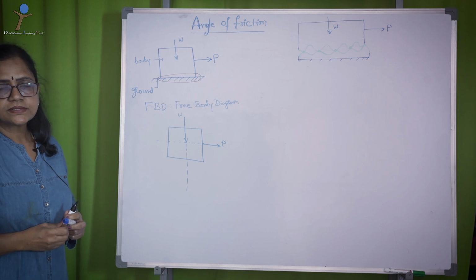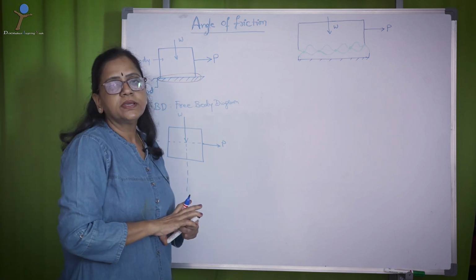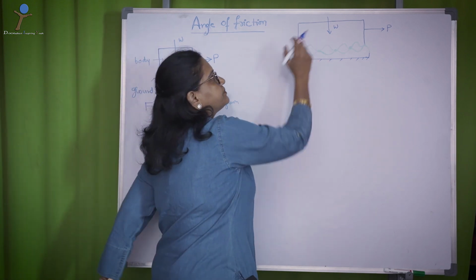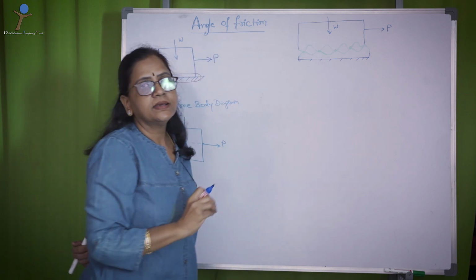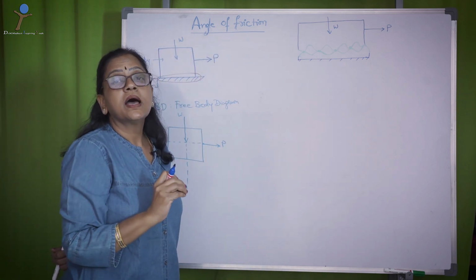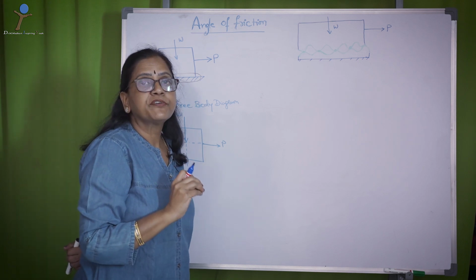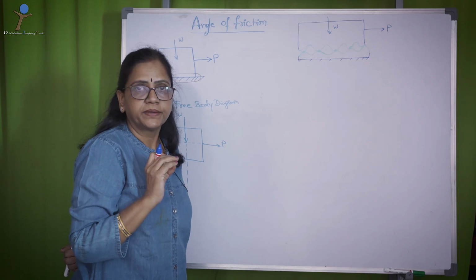To understand this, let us have clarity on the mechanisms of friction. Now you look at the body and the ground. We know that no body is absolutely smooth. There is a certain amount of roughness on the surface of every body.